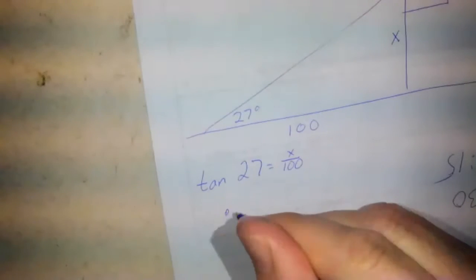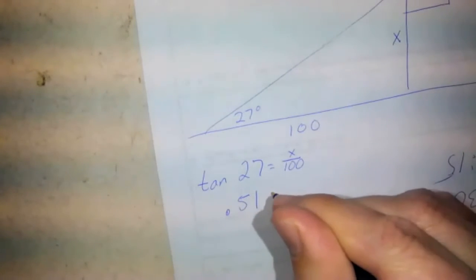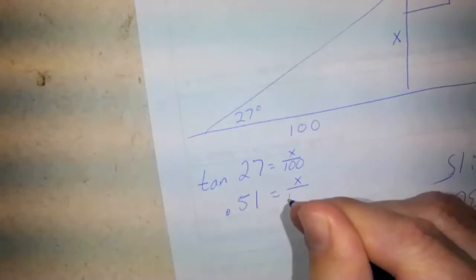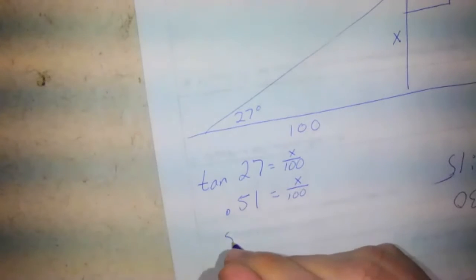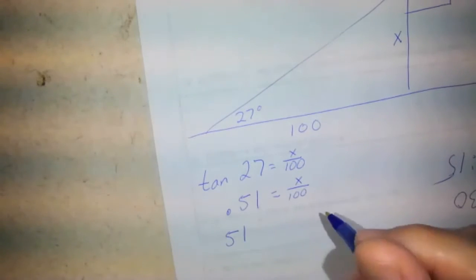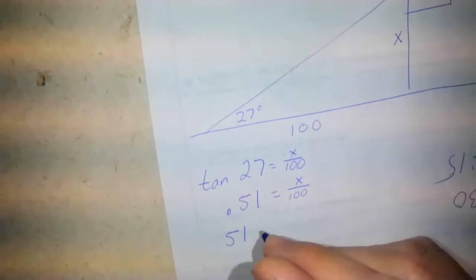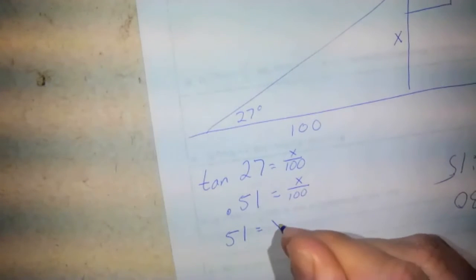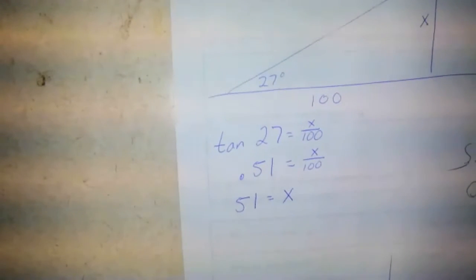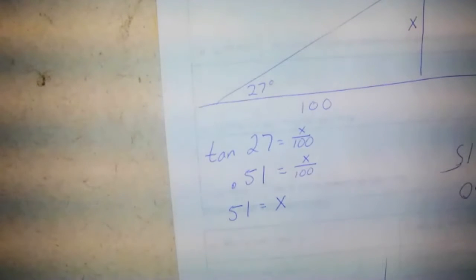And so replace this with 0.51 equals x over 100. And so 51 in whatever these were, feet, meters, miles, who knows, equals that x. It'd be pretty awkward if that were in miles. That is one of the two uses for this.